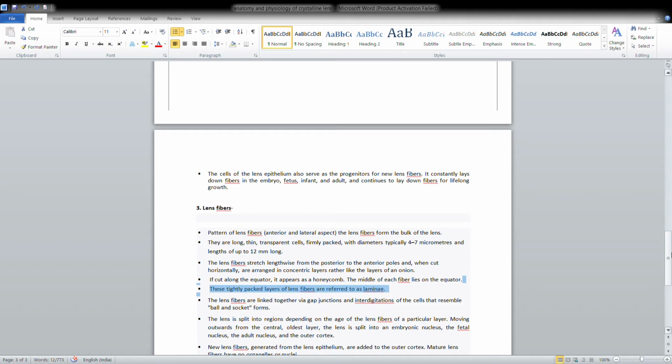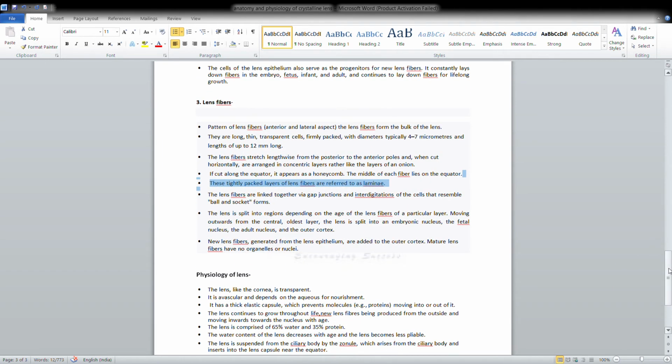It constantly lays down fibers in the embryo, fetus, infant, and adult, and continues to lay down fibers for lifelong growth.